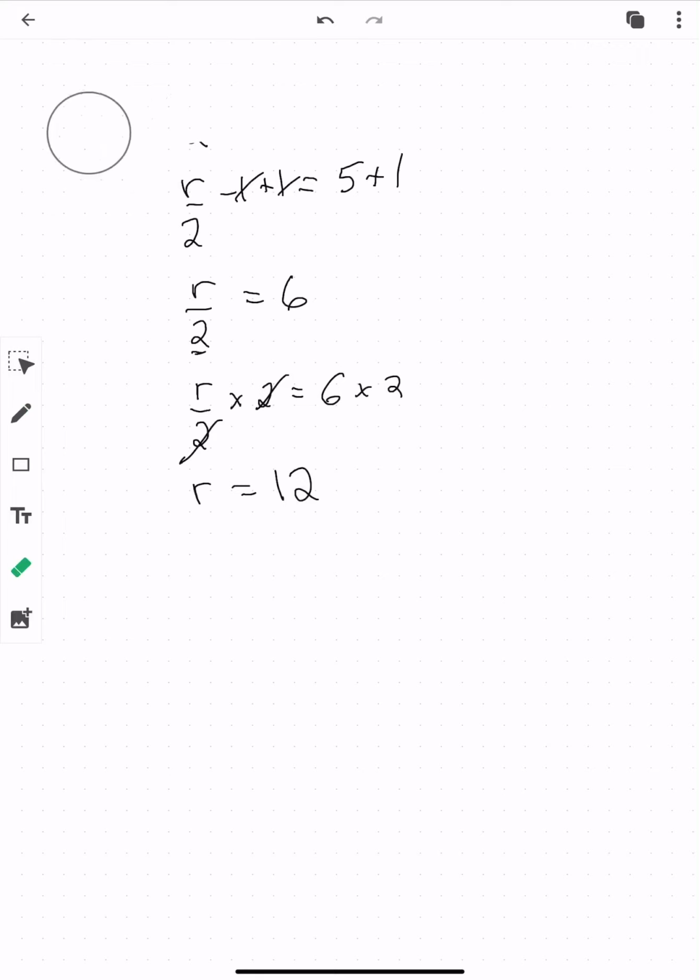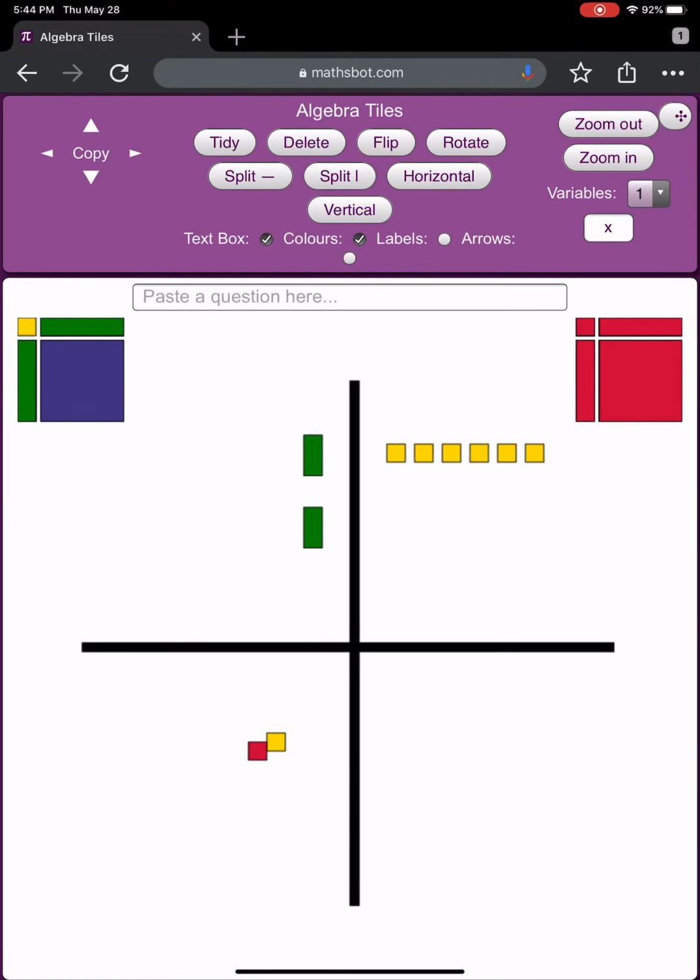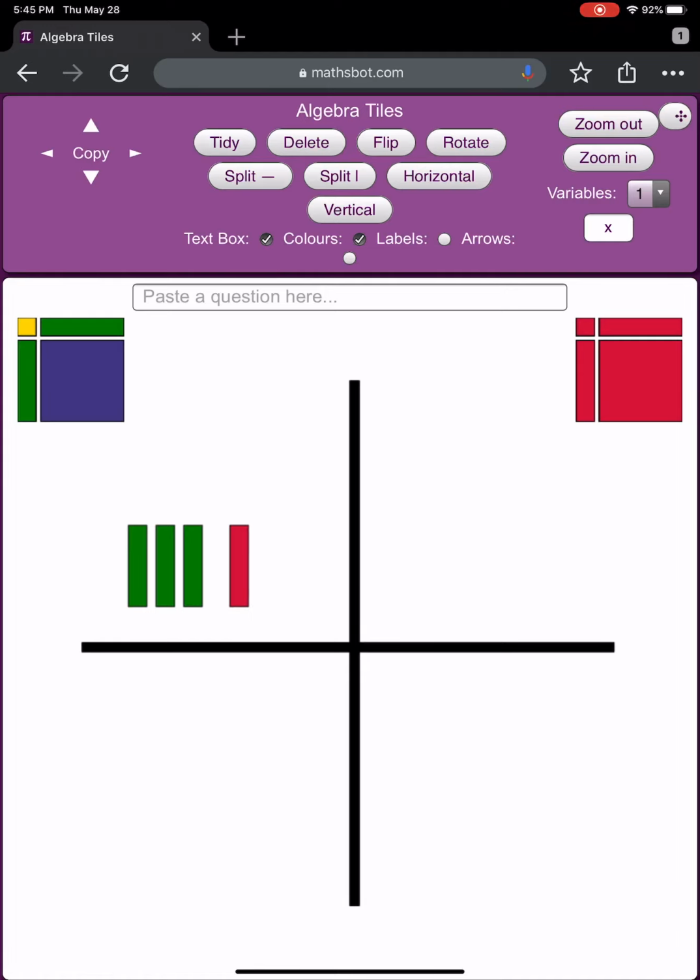Okay, let's go on to number 9. 3x minus x equals 4. So let's see. I have 3x minus x, and a negative x equals 1, 2, 3, 4.